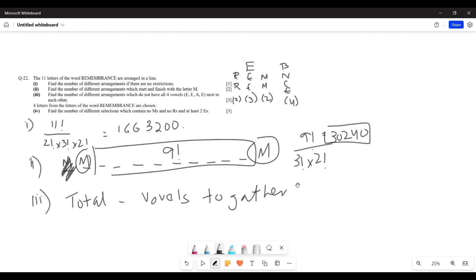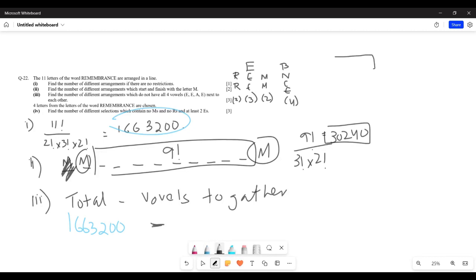So how many total arrangements were there? We already have total arrangements from part 1. That's 1,663,200, minus vowels are together.